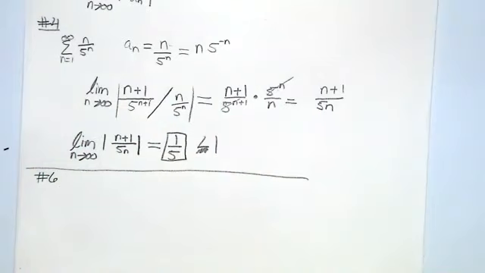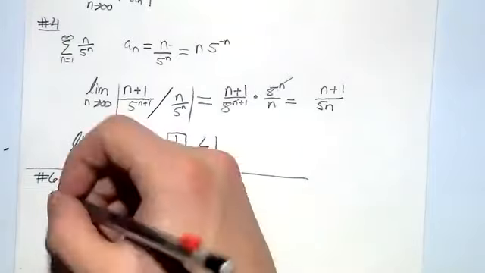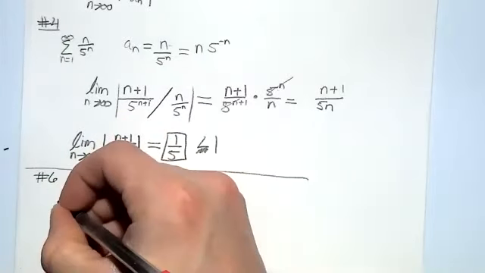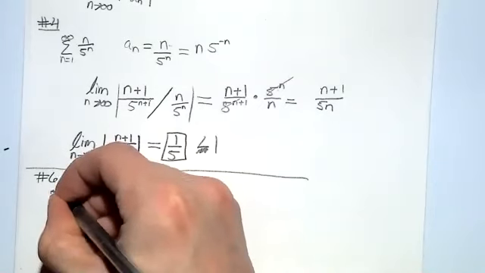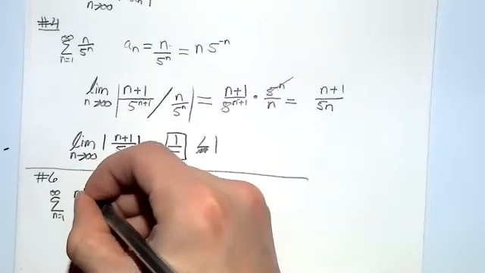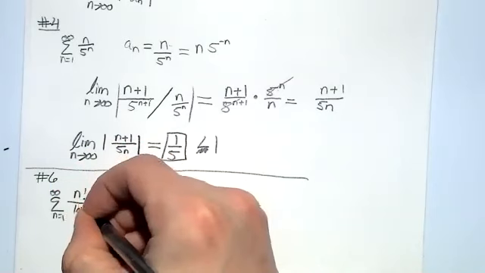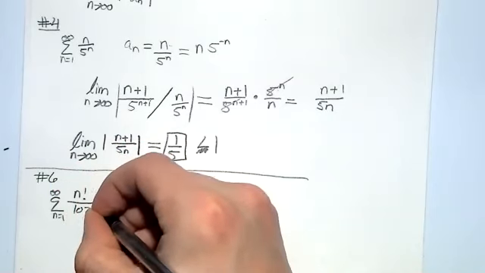And again, this is going to be asking us to use the ratio test to determine whether the series is convergent or divergent. And then from there, it's going to ask us to evaluate the limit if we can, and so forth. So without further ado, our problem statement is the sum from n equals 1 to infinity of n factorial divided by 102 to the n.